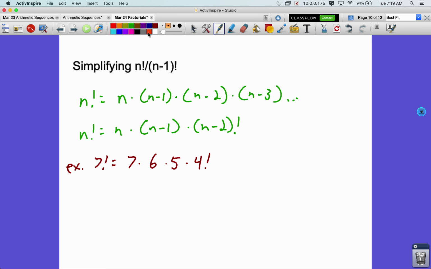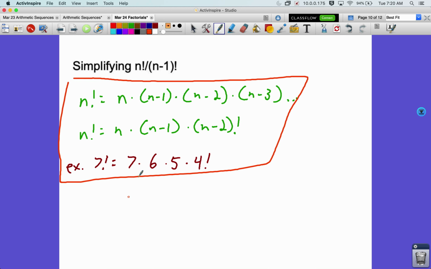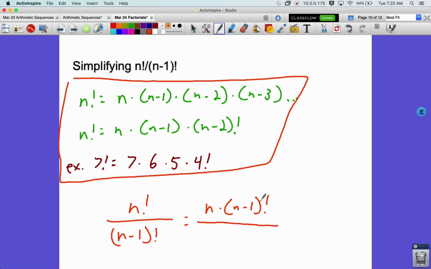All right, so let's see this with this problem here. So this just kind of notes. Now it's time to do that problem. n factorial over n minus 1 factorial. Well, I'm going to start backing up this n factorial on the top. I'll split that into an n times n minus 1 factorial. So I'm shrinking it. The factorial moves to the end.